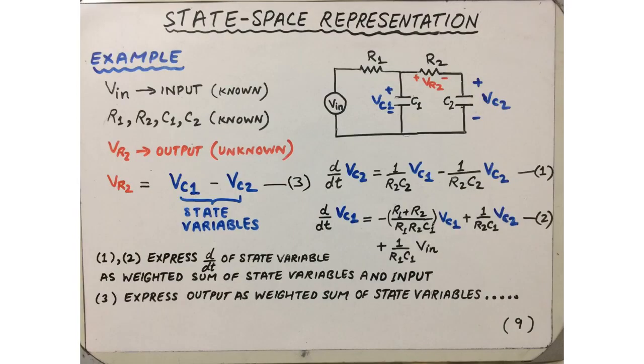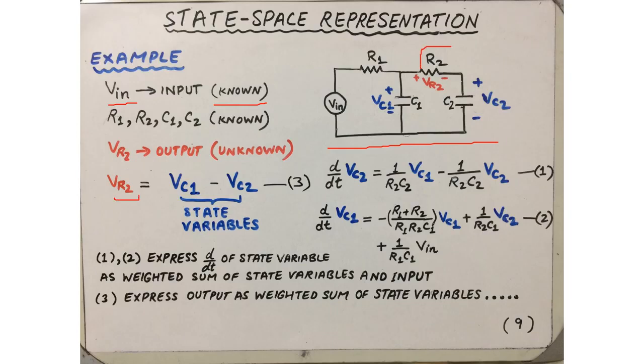Let us do an example of developing the state space representation of an electrical system given in the form of an electrical circuit. It is the exact same circuit that we saw in the beginning, but how can we write down its state space representation is the problem. First of all, note that the input to the system is V in. And the output, for example, is the voltage across resistance R2, VR2.